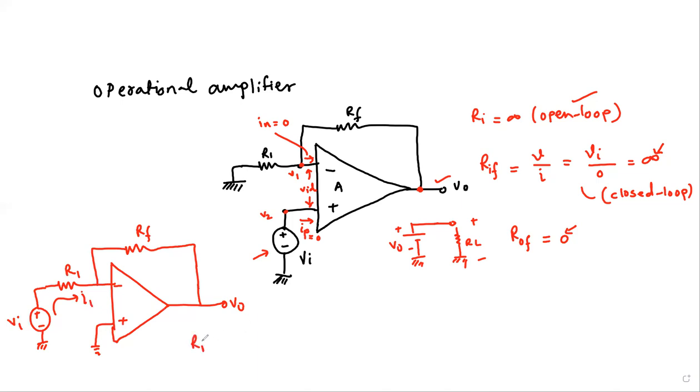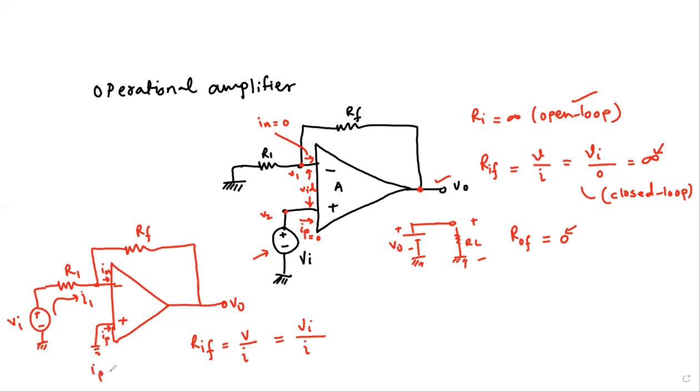Okay, and RIF could be V over I, which is VI over the input current that we see here. But now there is a current flowing through the resistance, whereas the currents trying to enter the operational amplifier, that is IP and IN, are 0.